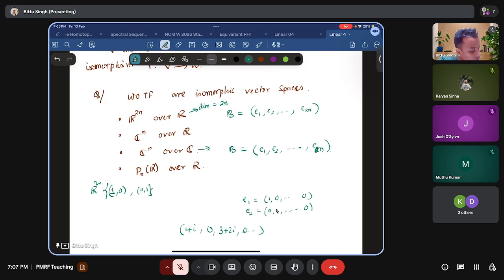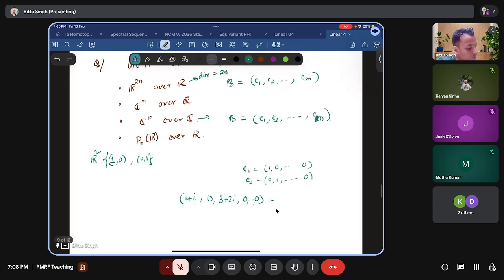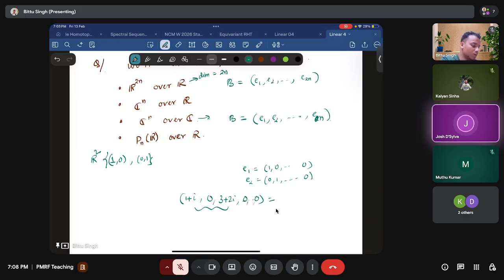Suppose all other terms are 0. Then can you represent it in terms of the basis? It would be simply E1 plus E1 into I plus E3 into 3 plus E3 into 2I.